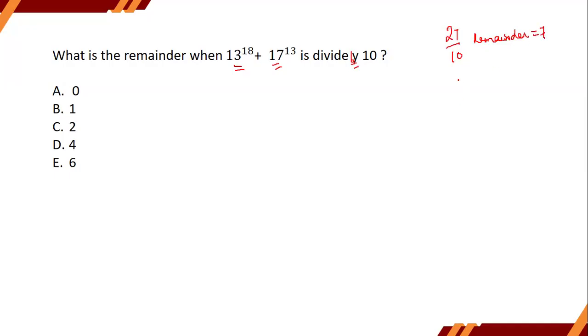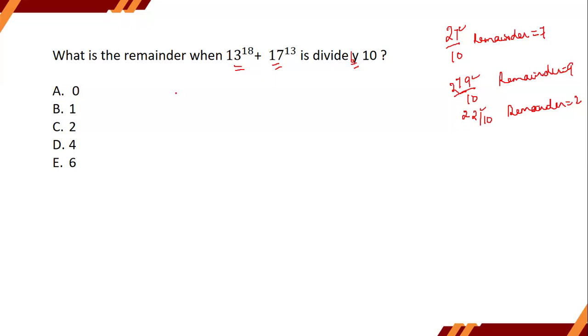If it is 79 by 10 or 279 by 10, the remainder is still 9. If I take 22 by 10, again the remainder is 2. So what I observe is that the remainder, when a number is divided by 10, is the same as the unit digit of the number.